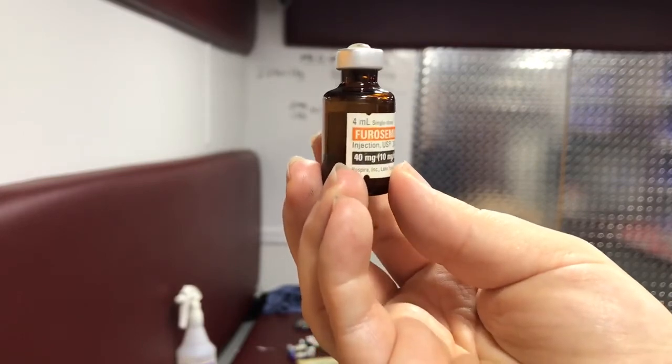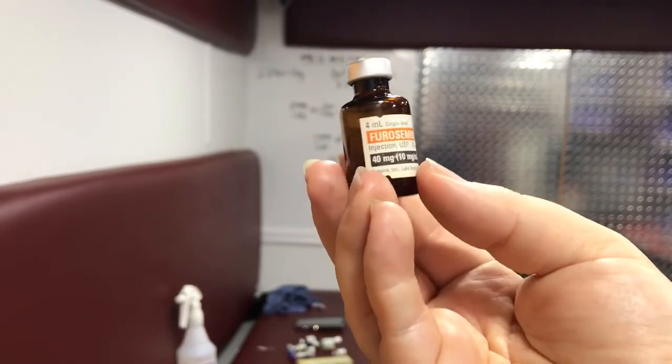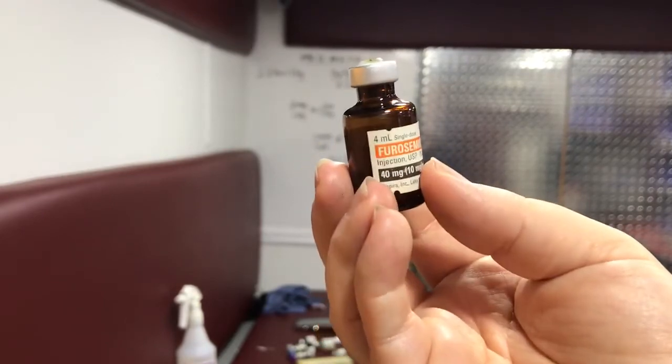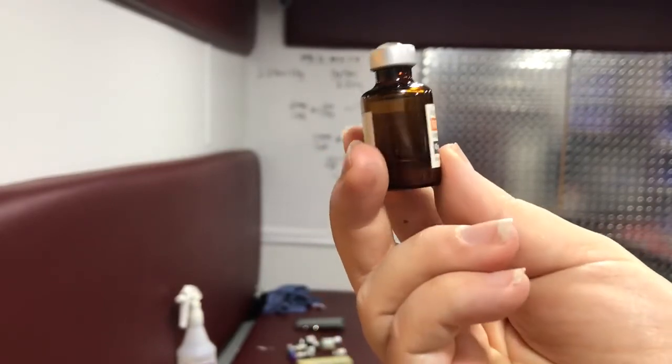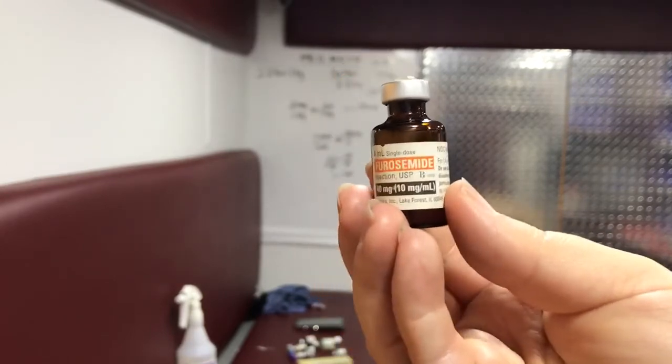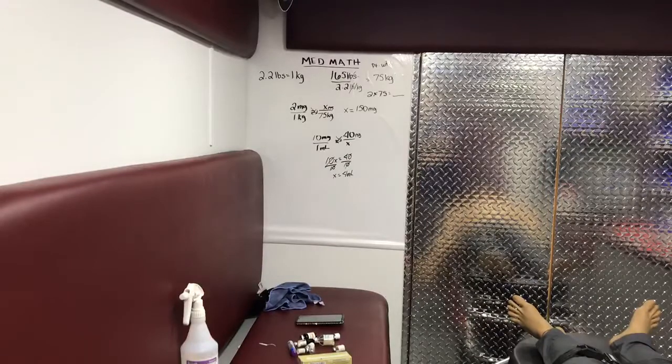So we know that 20 is half of 40. And this is a 4 milliliter vial. I only want to give half of the vial, so I'm going to give half of the 4. That makes it 2. But you can always plug your calculations in up there. Just change the 40 on the side to 20. Do your calculations and you'll end up with the same dose.